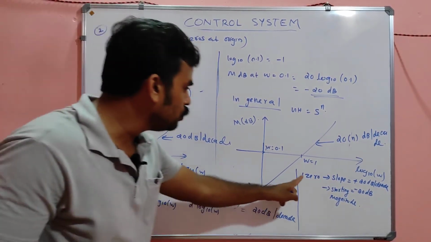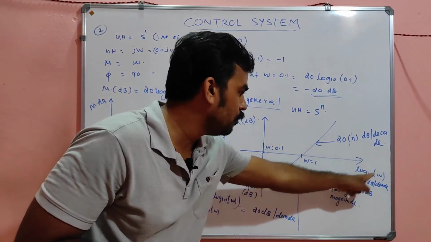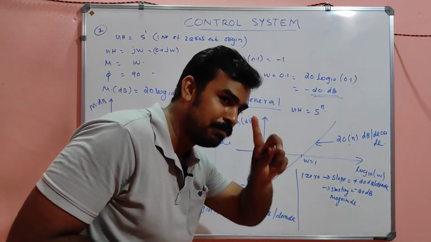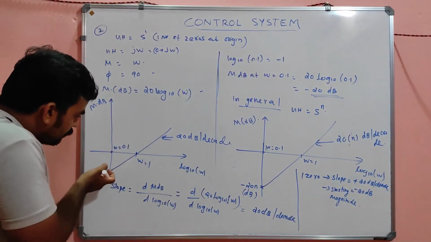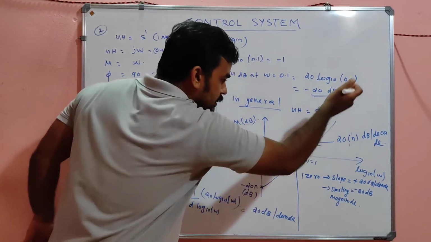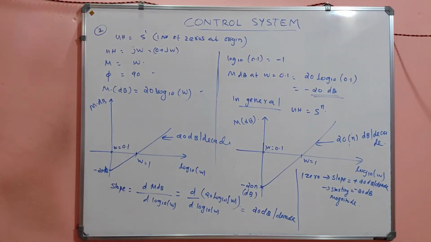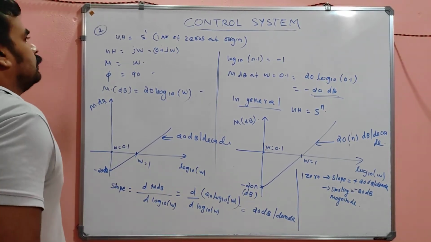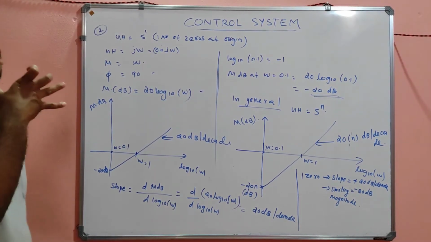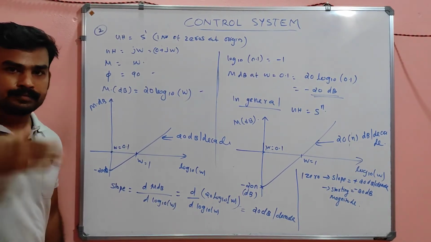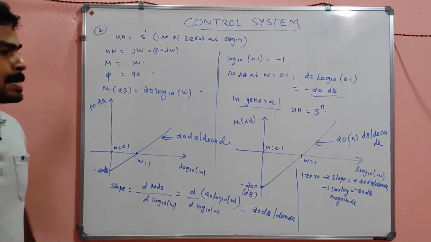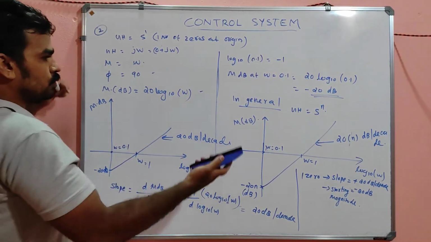For two zeros, the slope will be plus 40 dB per decade. Plus 40 means it is an increasing slope, that's all. Is it clear? Can we go to the next section?